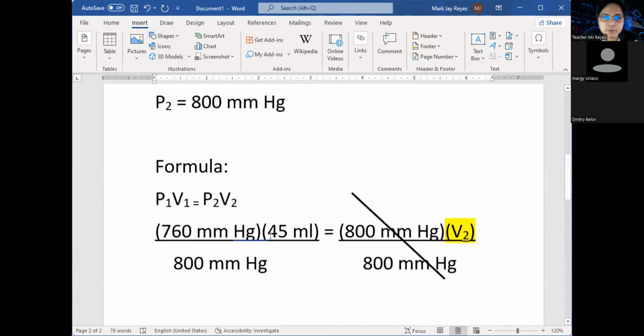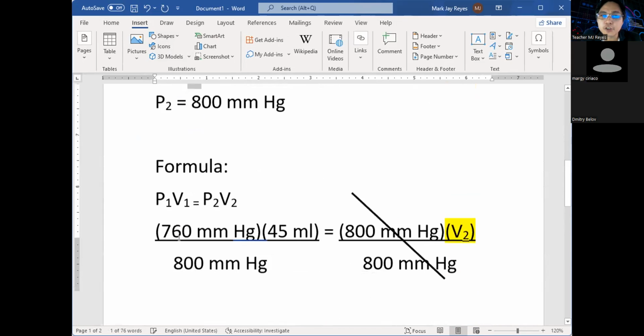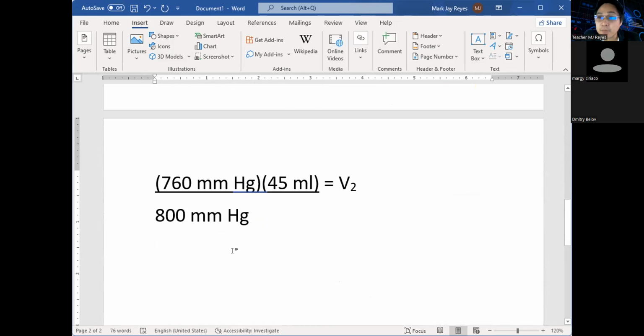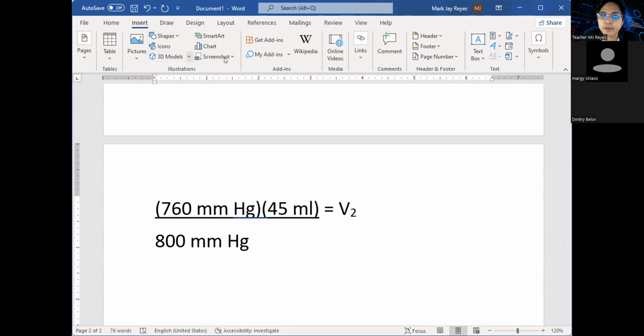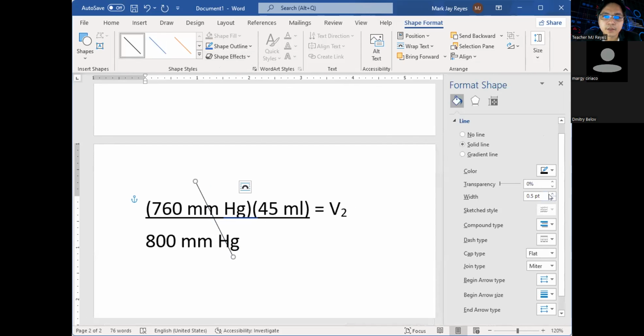Because we are actually looking for V2, and volume usually is in ml and liters. So we can cancel this one, because these are like terms.